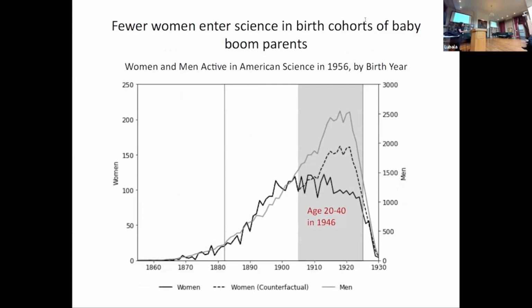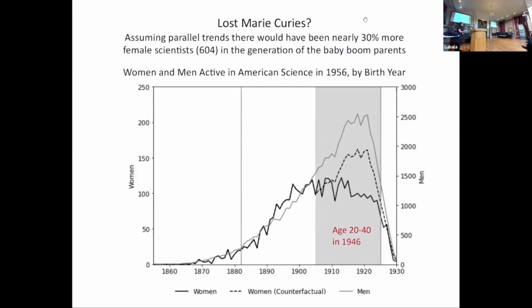If men and women had continued to grow at the same rate in participation as they had leading up to the baby boom, then in our data set we would have had about 604 additional scientists. That's nearly 30% more. So there was a big loss in this generation of scientists. We're missing women in the data.